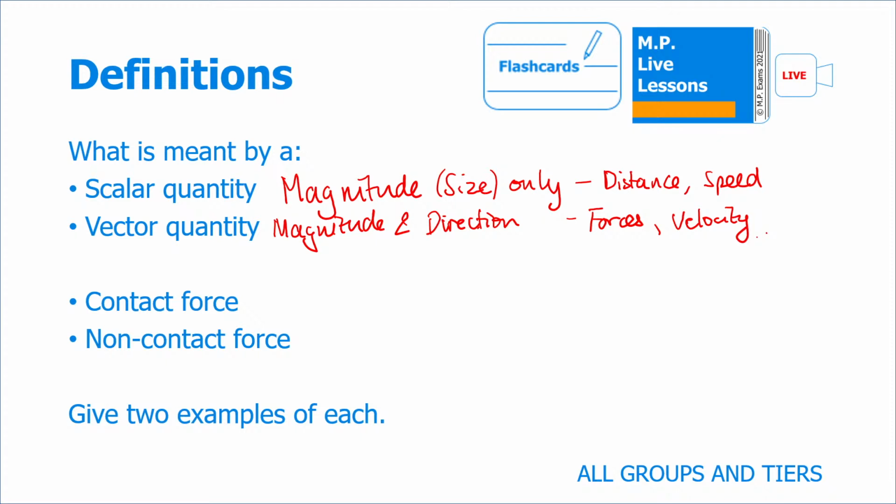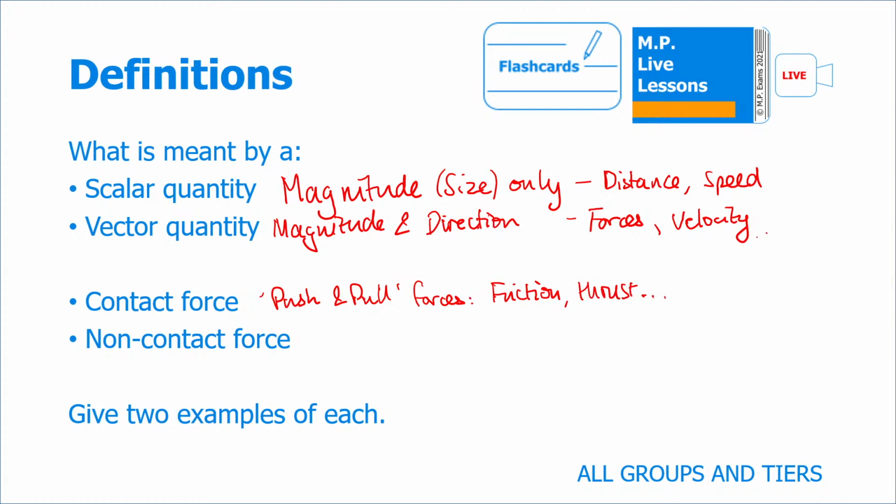Now, as the name suggests, a contact force needs something to be in contact for it to happen. These would be common push and pull forces, for example, friction, thrust, and so on.